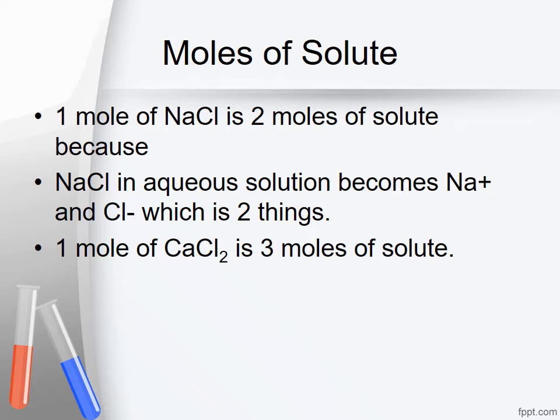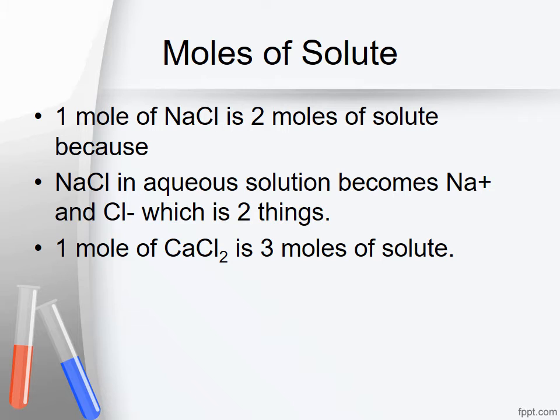Now just for some quick review, moles of solute, what if I say 1 mole of sodium chloride? 1 mole of sodium chloride is 2 moles of solute. So what's the difference between a mole of a compound and a mole of a solute? Well, sodium chloride in water becomes sodium ion and chloride ion, and that's 2 things.